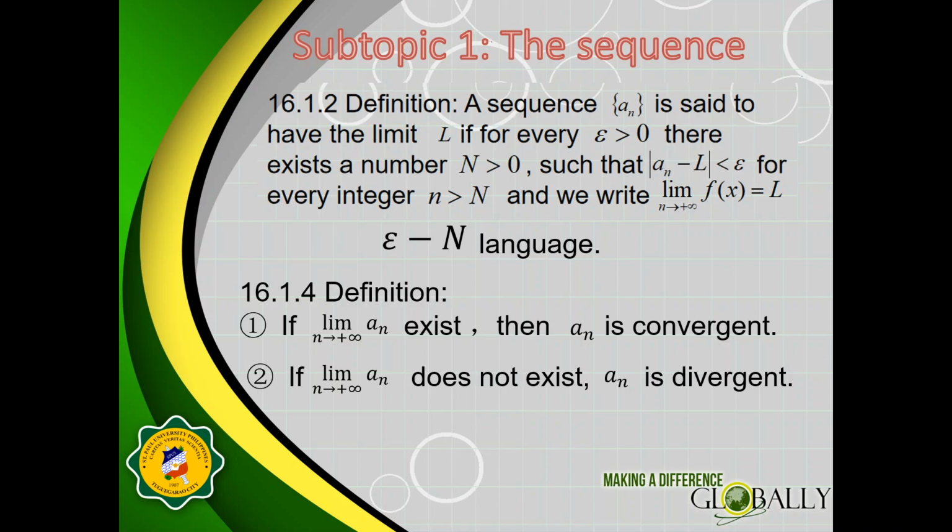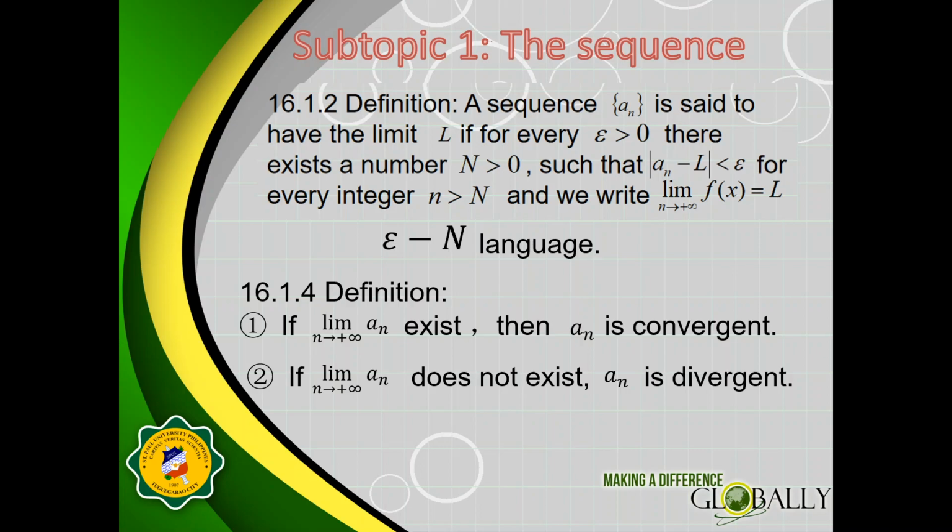We use the epsilon-N language to describe the limit of a sequence, like the definition 16.1.2. We also have many other definitions like convergent or divergent. If the sequence a_n has a limit, then we say a_n is convergent.